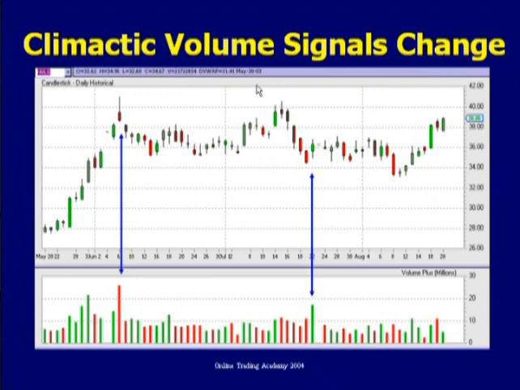Now, this one here really isn't all that climactic, certainly when you look at this bar and this one, but relative to its recent neighborhood, it is a little bit higher than normal. And you have to start thinking about what averages are. Some of the charting platforms allow you to put an average line in here, which is very, very helpful.